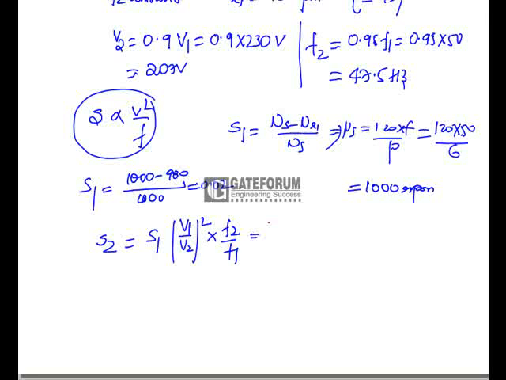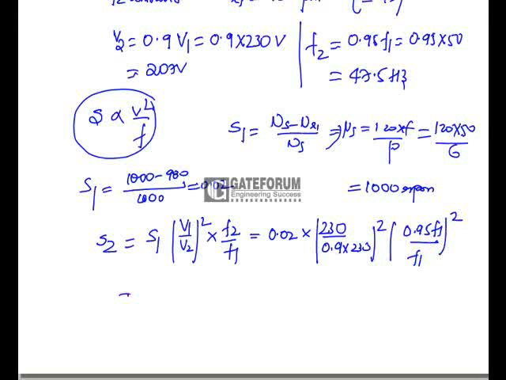S2 is equal to S1 times of V1 by V2 whole square into F2 by F1. So this is equal to S1, 0.02, into V1 by V2, so this is 230 by 0.9 into 230 whole square into F2 by F1, so this is 0.95 F1 by F1. From this you can find slip 2 is equal to 0.0234.